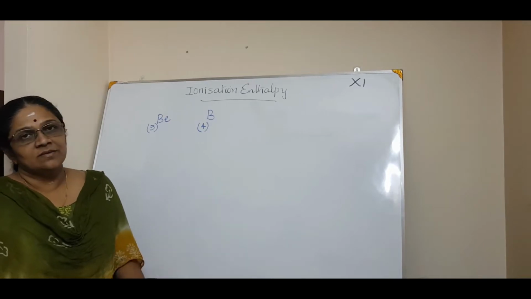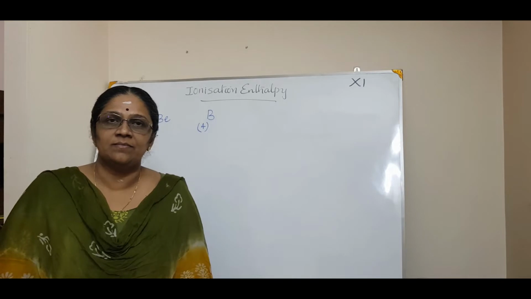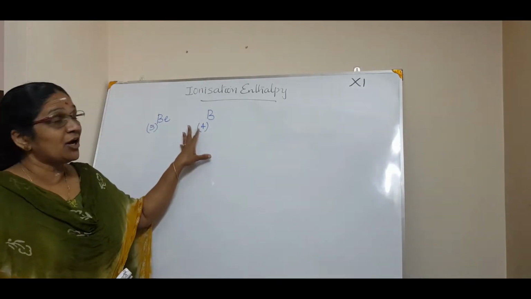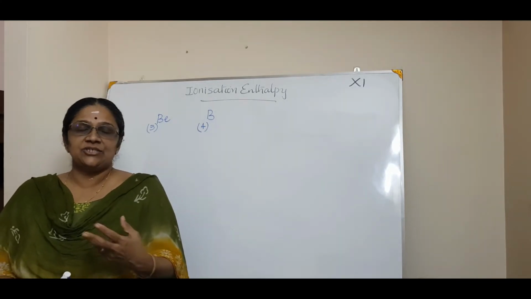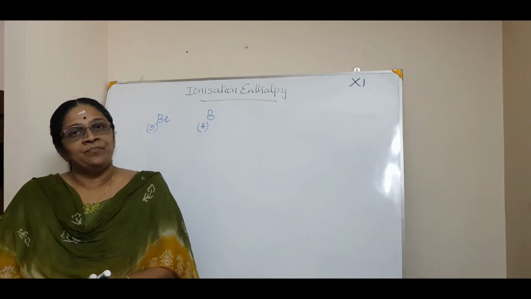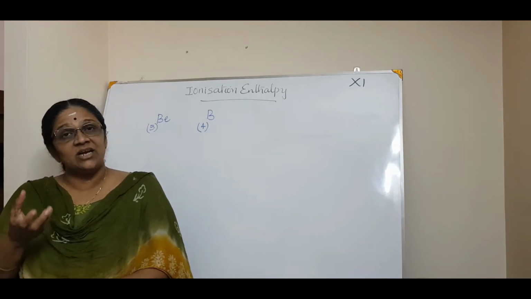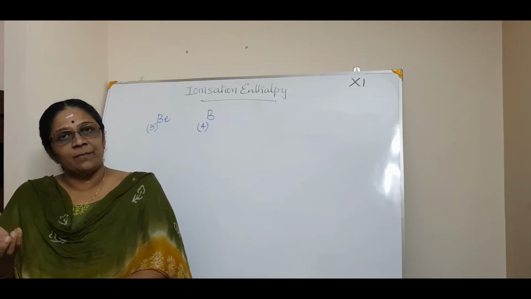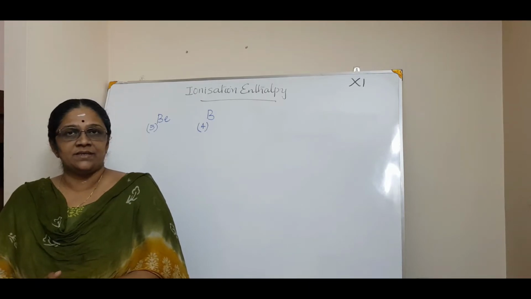So we were discussing the third chapter, that is the periodic classification, and in that we were dealing with ionization enthalpy, isn't it? You know the definition for ionization enthalpy. What is it? That is the amount of energy required to release an electron from an isolated gaseous neutral atom, isn't it?